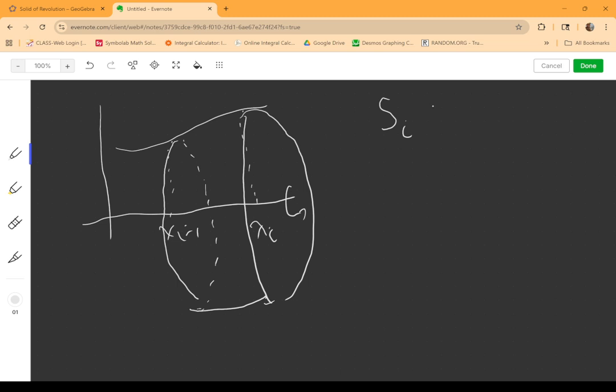That'll be 2 pi R L. Okay, now we already said that L was this, right? And R, we'll call this R sub i minus 1, and this one R sub i. Right, and R is just, we'll actually call it R sub i star, and L sub i.